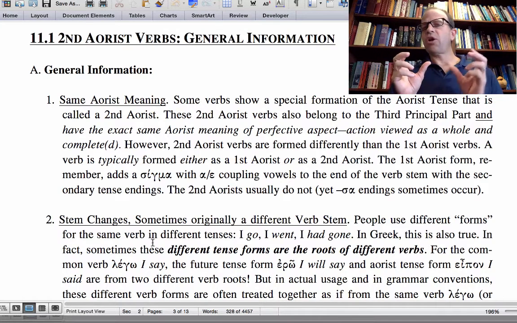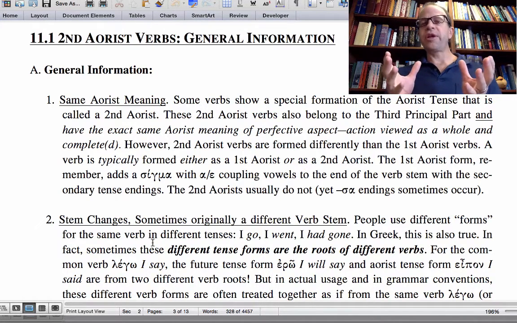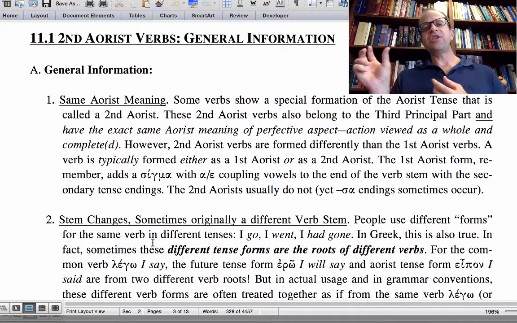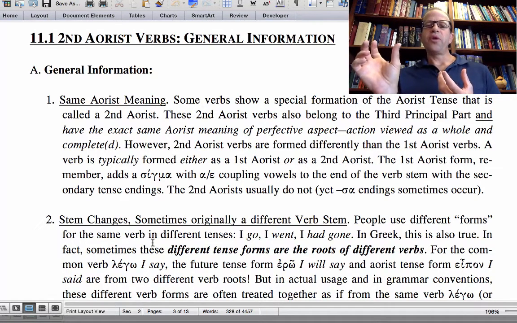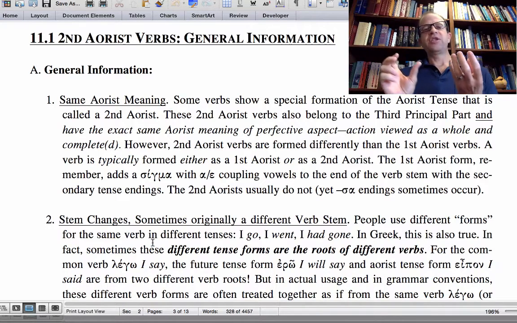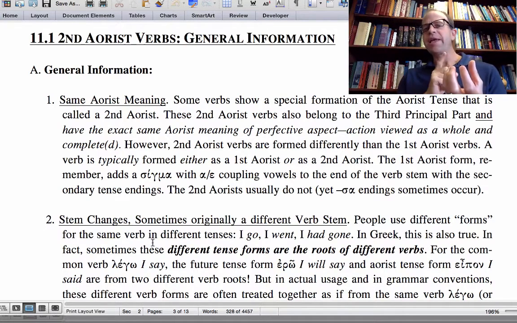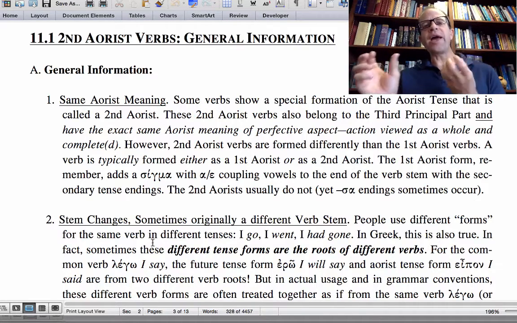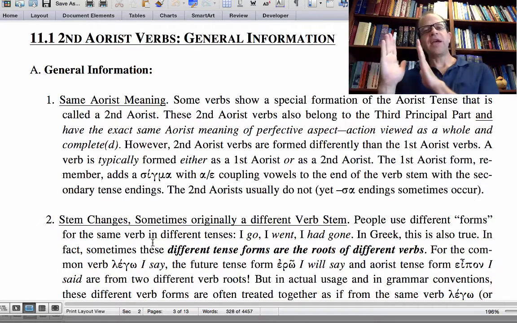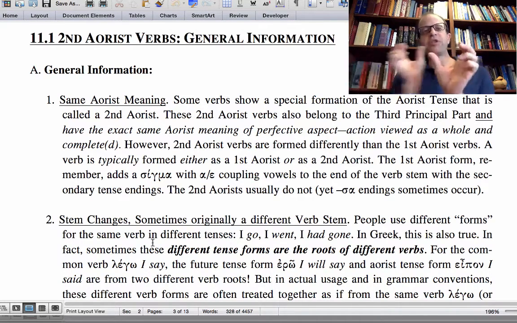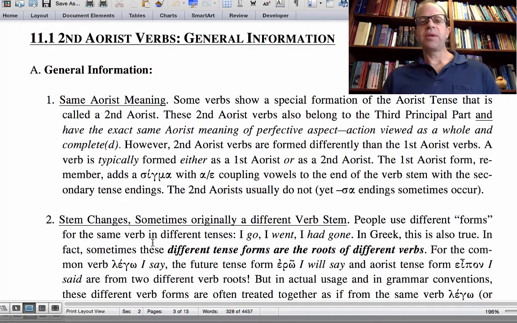Sometimes the stem change is great because in the history of the language, the use of one verb in one tense is replaced in another tense by another word, and so the stem is actually from a different verb altogether. So that's why you have sometimes quite radical stem changes, but grammarians have placed these verb forms together in terms of tense across the principal parts that we talked about in the last chapter. So that's a little bit of an explanation why the stem changes are so great at times.